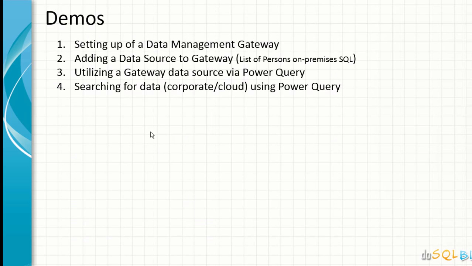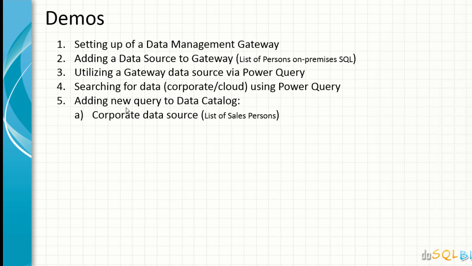Let's switch back to the presentation. So what we saw is that we searched for data that was made available to Power Query, the corporate data that was published for the organizational users. Next, we will be adding new queries to the data catalog. In that, we'll do two things.